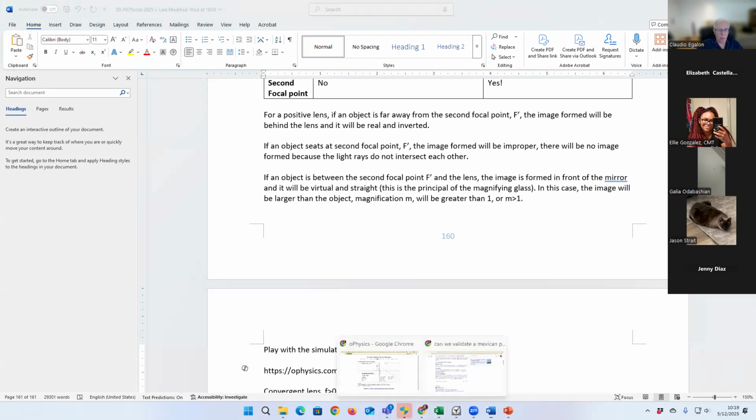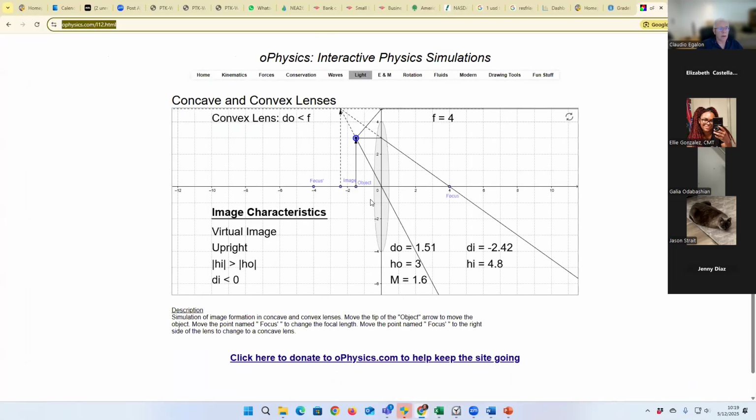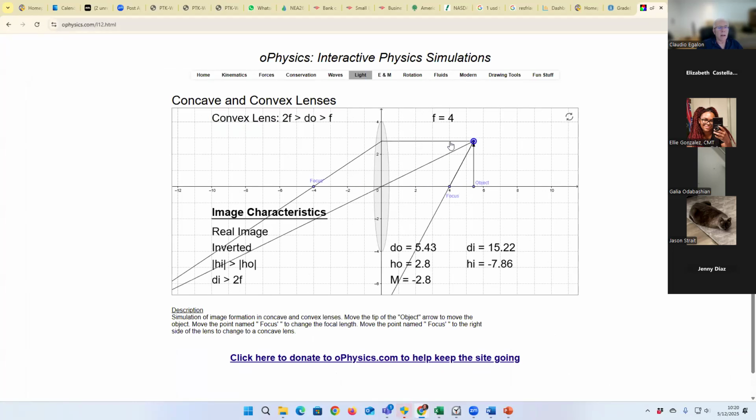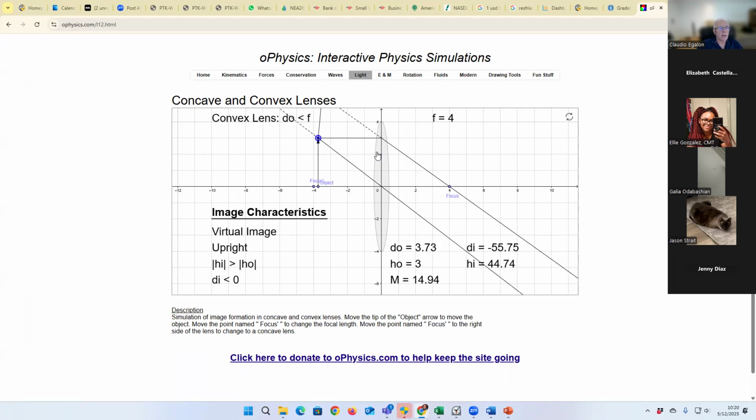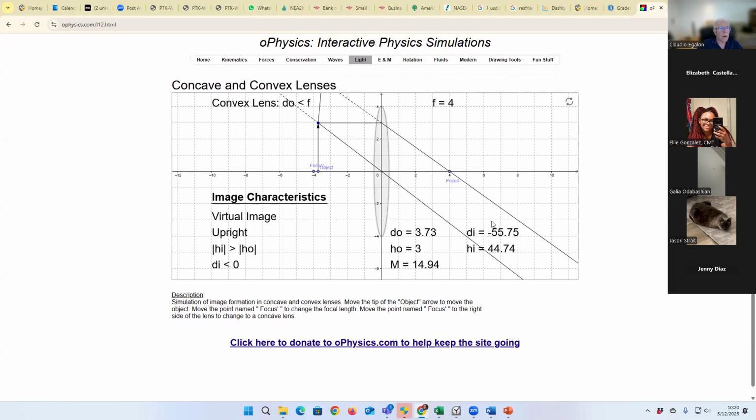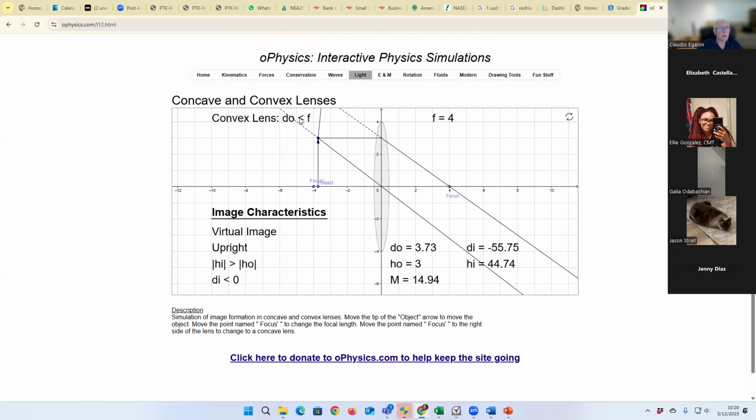And now, let's see if I can invert this lens. There must be a way to invert this. Okay, that's a positive lens, a convex lens.